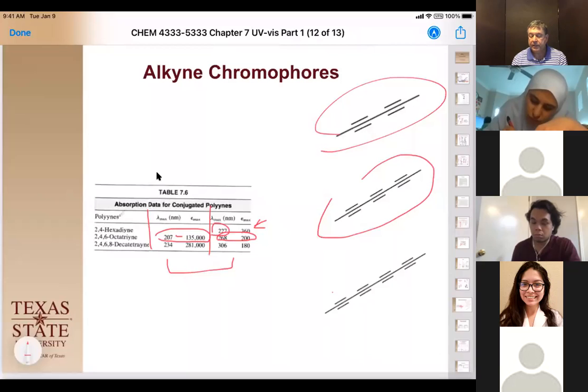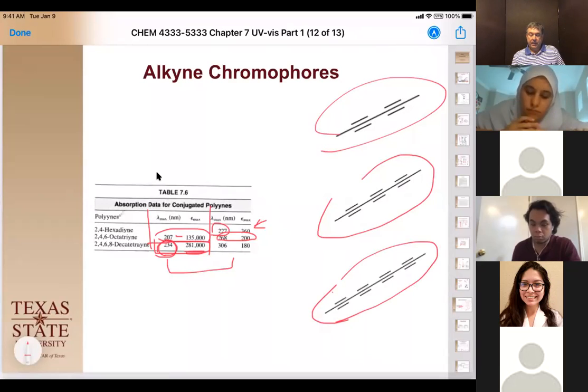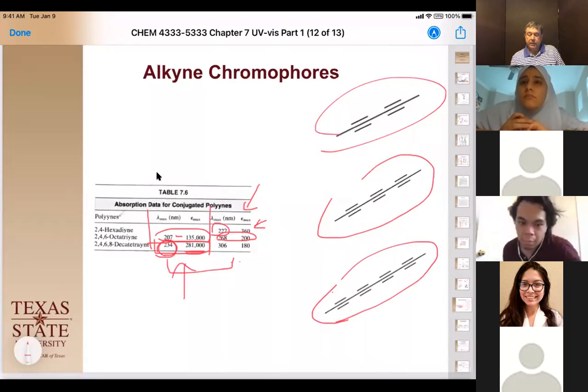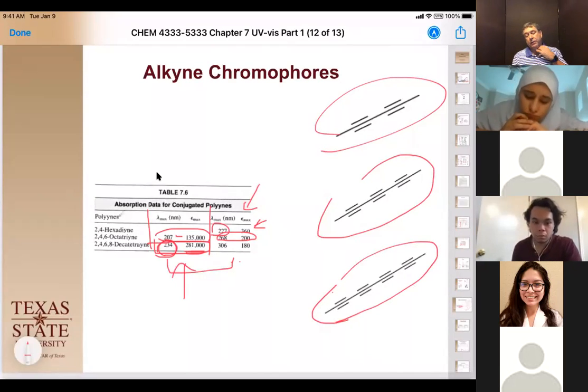When we extend that conjugation even more, we see an increase in the wavelength and an increase in the lambda max. This is the pi to pi star transition. This must be another transition because of the low extinction coefficient. I'm not sure. I'll have to look that up.